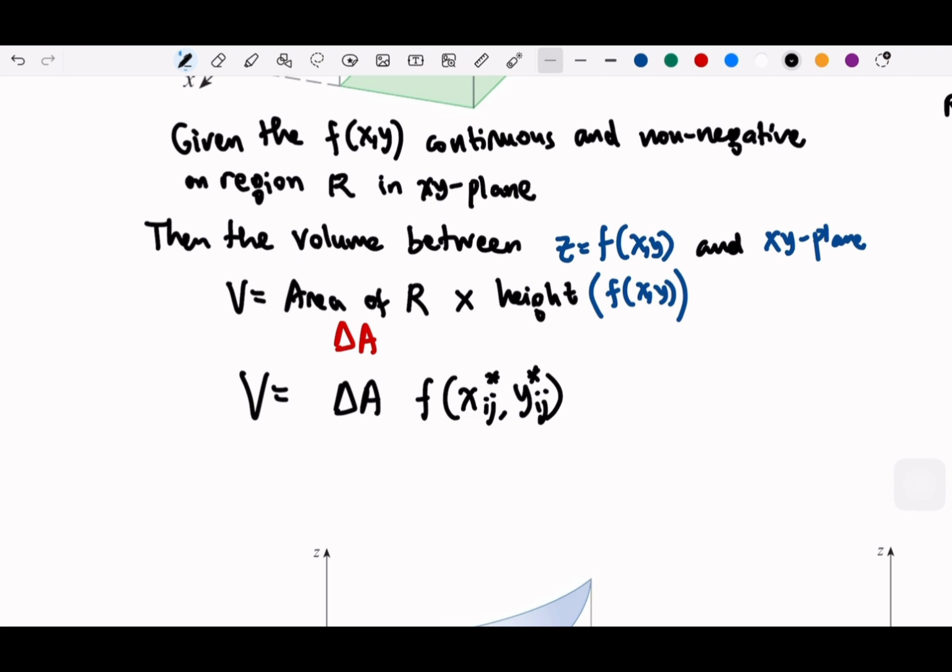It can be anywhere in between for the location of the points. So basically, if we add all rectangles, then the volume is actually, we have 2 sums. The first one is for i, the second one is for j.